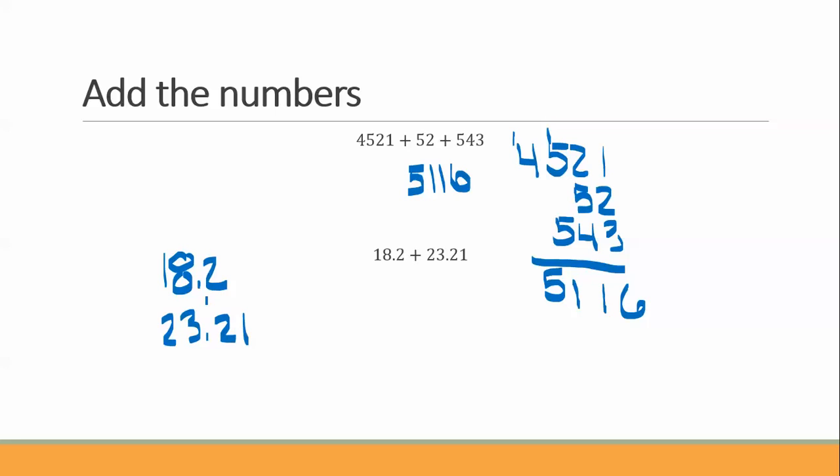So the easiest way to do this is to make sure your decimal points are lined up. Then all your other digits are going to be lined up also. And then we can add.